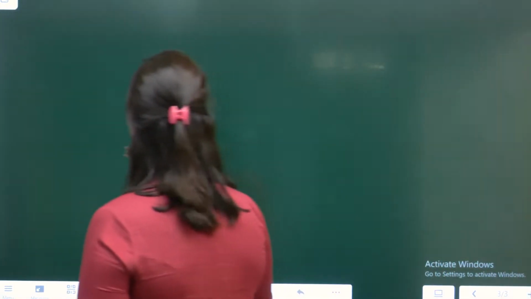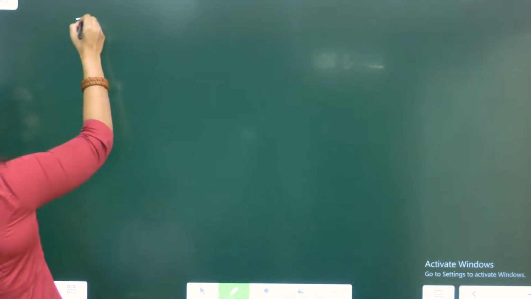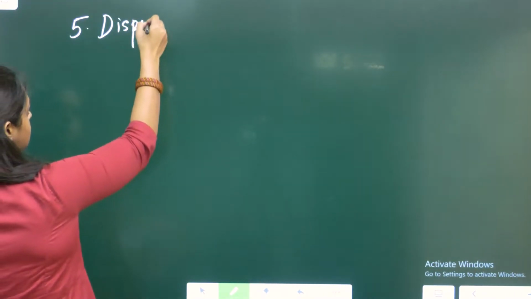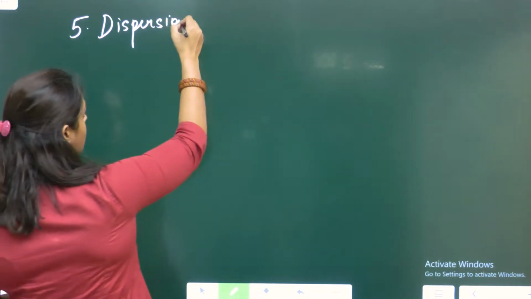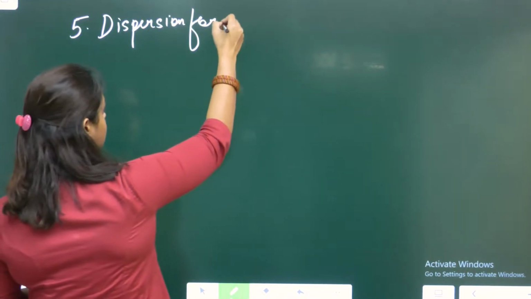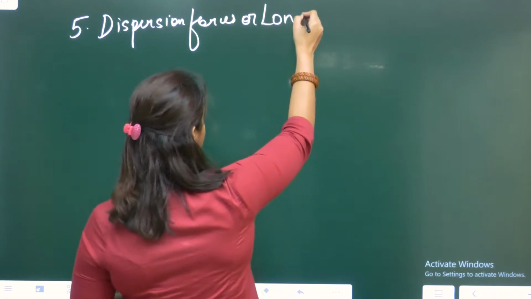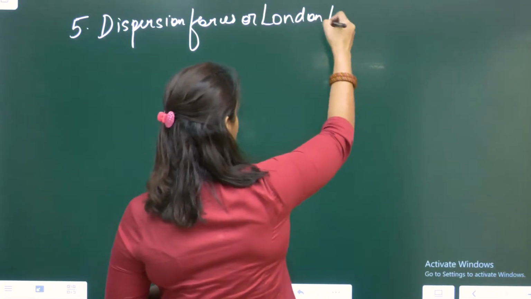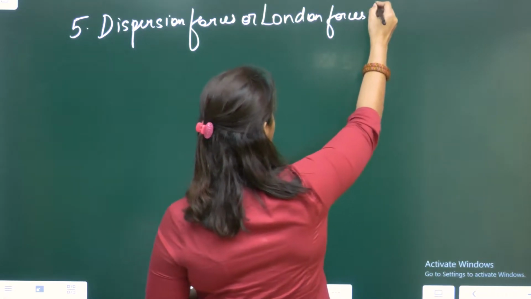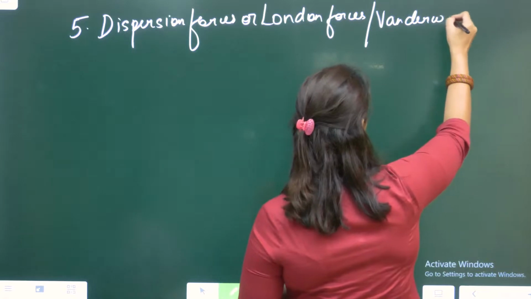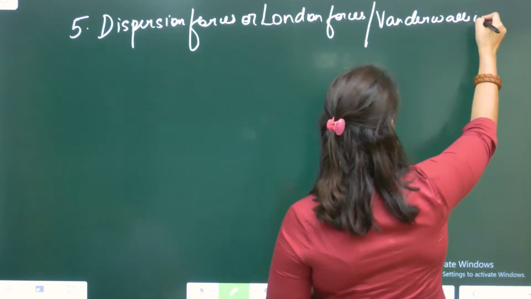So, starting the class, the fifth type is dispersion forces, also referred to as London forces or van der Waal interaction.